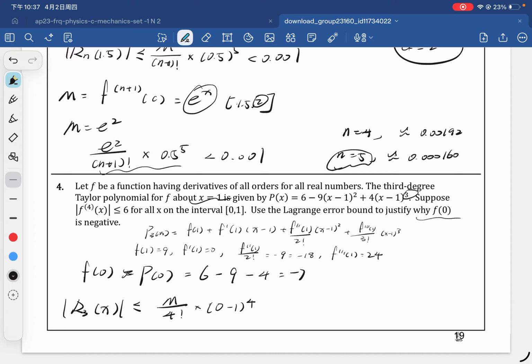Here M is the fourth derivative of x, which is absolutely less than or equal to 6, so the maximum value should be 6.